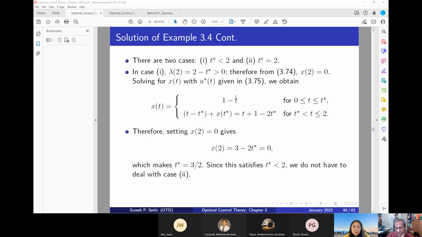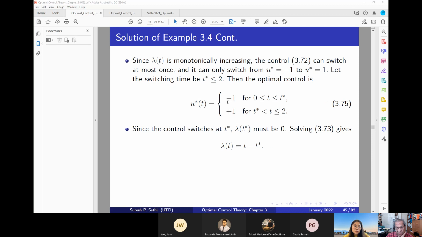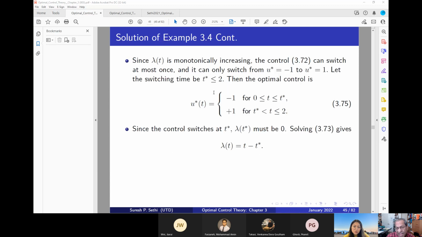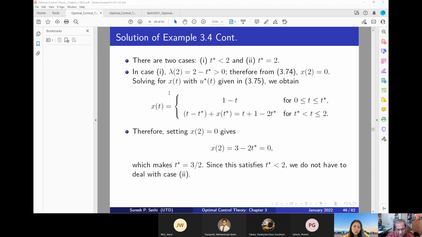So xt will be 1 minus t until T star. Then we start at T star with xt star equal to 1 minus T star. And then we have a new problem that begins at T star, with xt star equal to 1 minus T star and u equal to 1. And we can solve the problem. So by doing that, we find the trajectory xt for the entire time t.